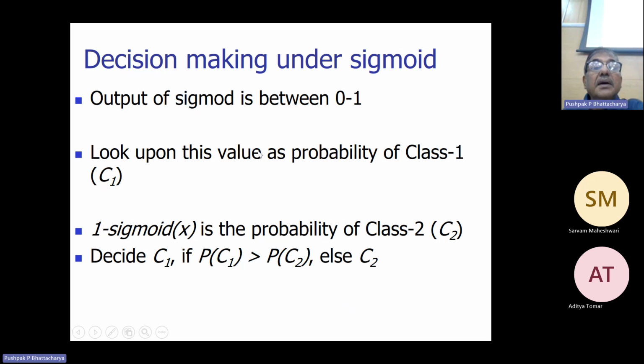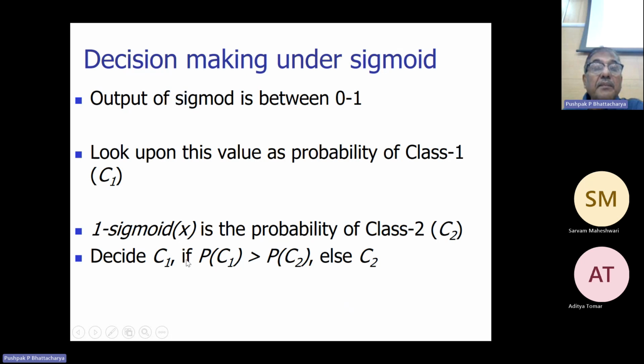If the sigmoid output is 0.7, then I say that the probability of sanctioning the loan is 0.7, and not sanctioning is 0.3. You can do the opposite also, just be consistent. If C1 is for the sigmoid output, then C2 must be 1 minus the sigmoid output. So 1 minus sigmoid x is the probability of class 2, C2.